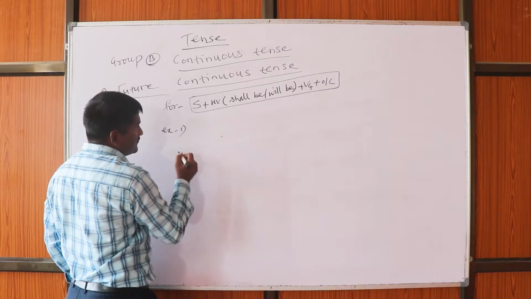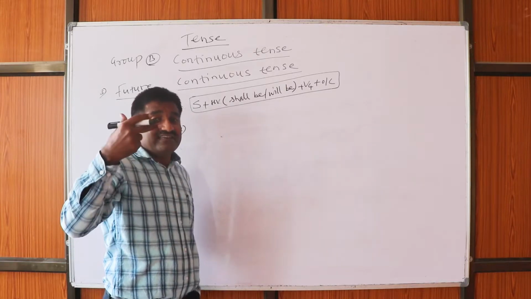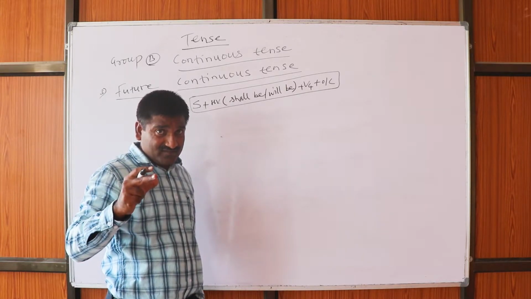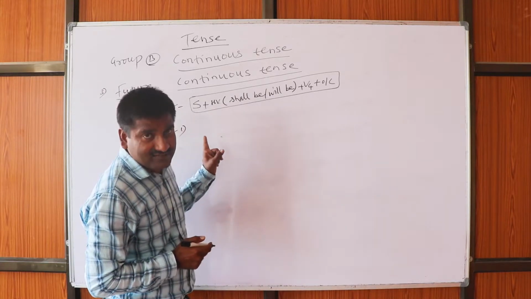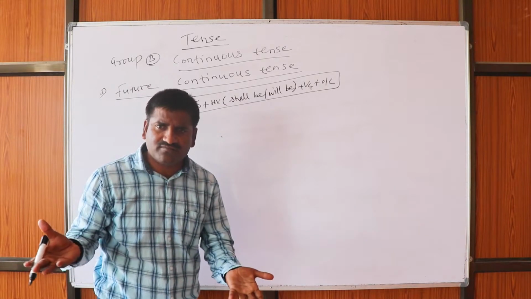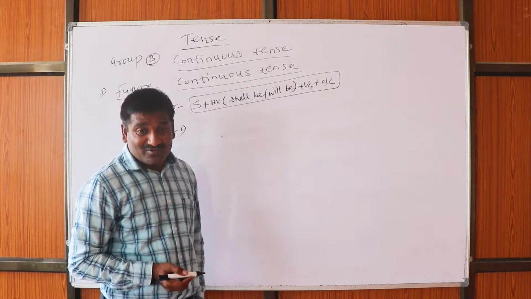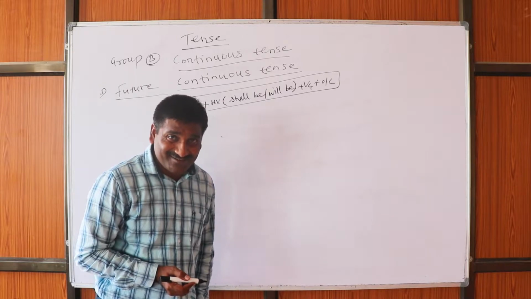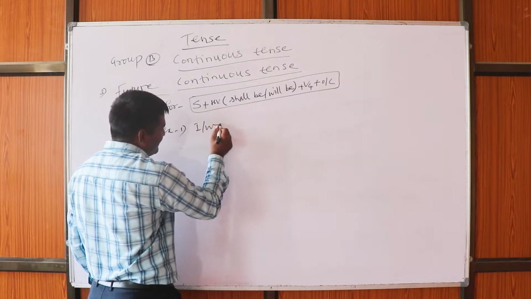Example first, which subjects or which persons will take which helping verb? We need to understand this. That is why I am writing examples. Otherwise, I don't need to write examples. Okay. So we have first persons. Do you know which are the first person, singular and plural? Oh, that is I or we.